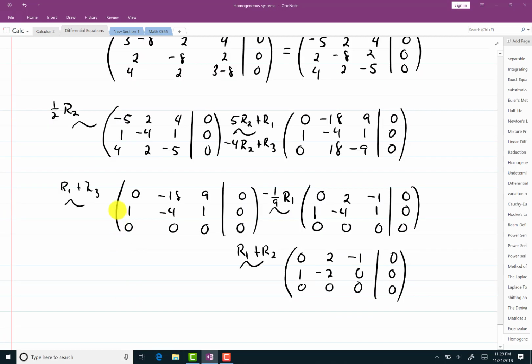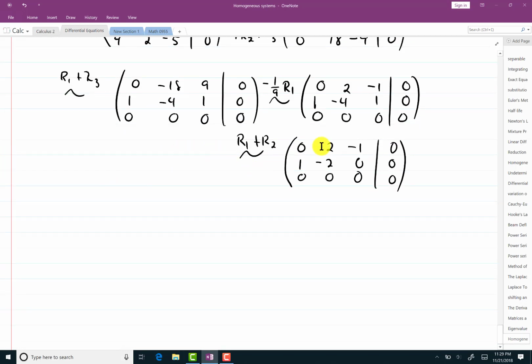This makes it really easy for me to see that once again y is kind of the linchpin to both of these rows. In the first row I have 2y minus z equals 0, or 2y equals z. In the second row I have x minus 2y equals 0, or x equals 2y.